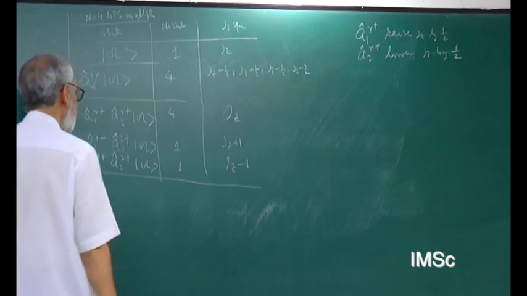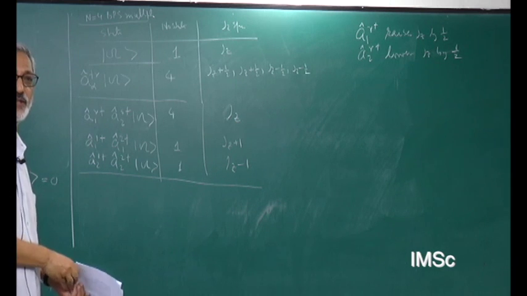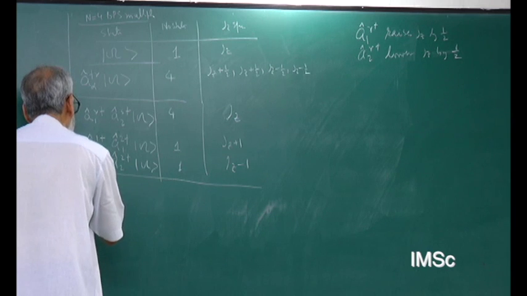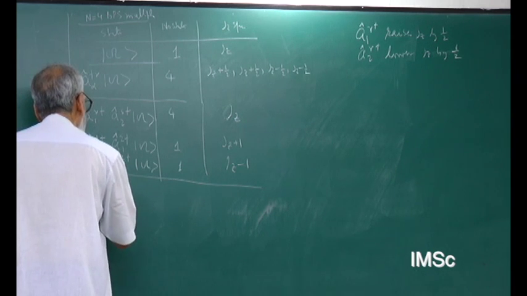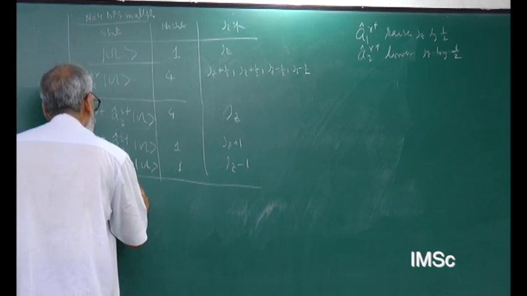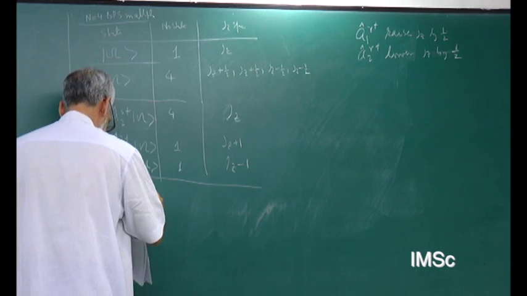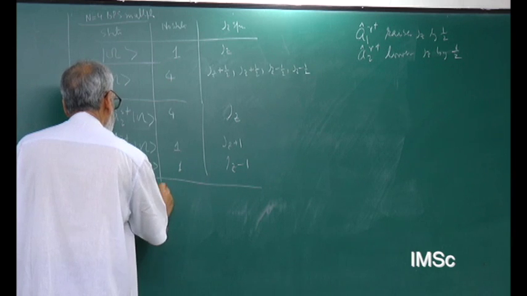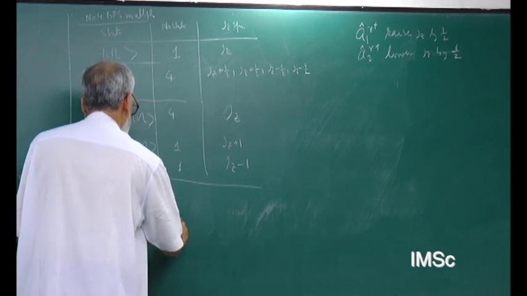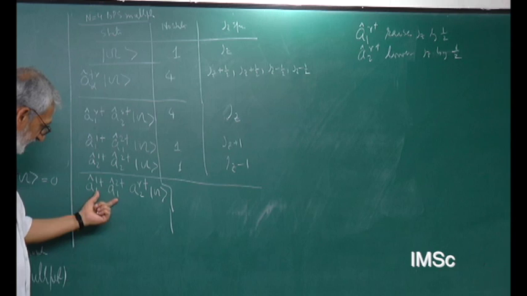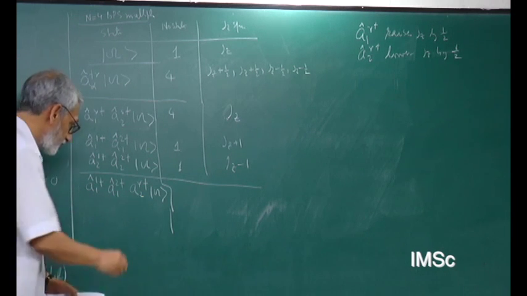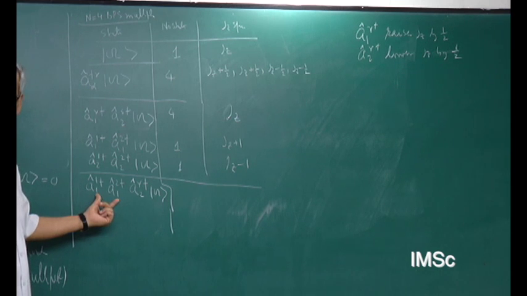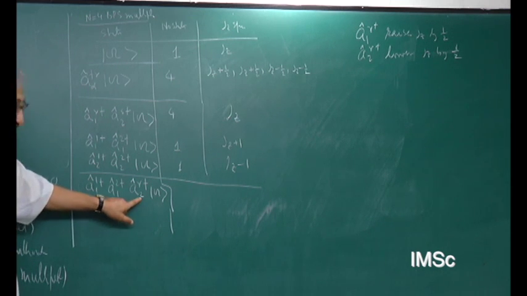So that is the one with 2 oscillators. Now I can apply 3 oscillators on this ground state. So let me take A1 hat 1 dagger, A1 2 dagger, A2 R dagger. Now these are 3 oscillators. These two increase the J spin by half unit each, and this one will decrease it by half unit.